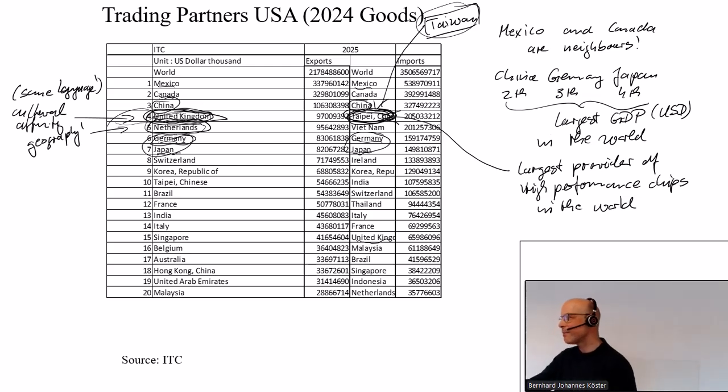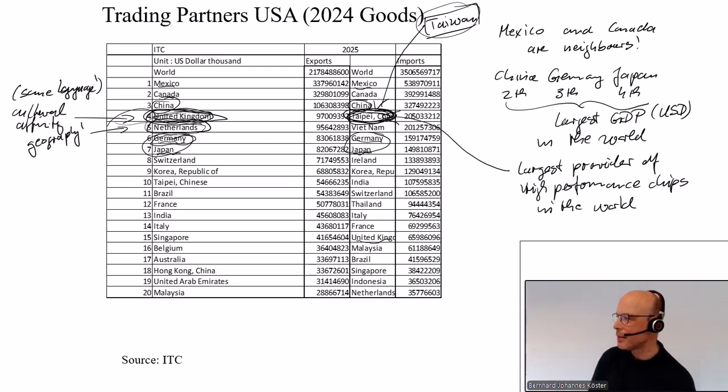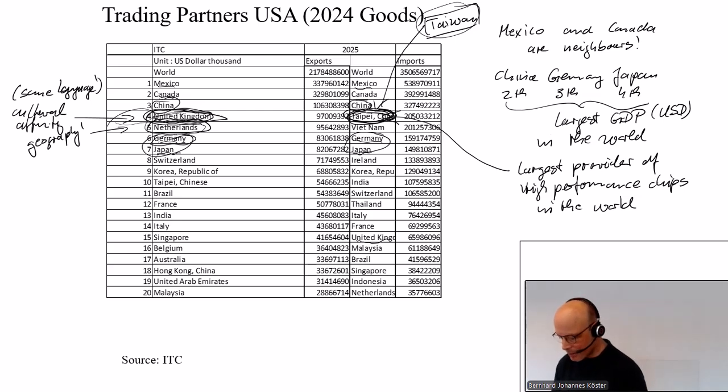Many products will first come to the Netherlands, or the other way around. On the import side it is number 20, not that much, but that the United States export first to the Netherlands is not such a surprise.